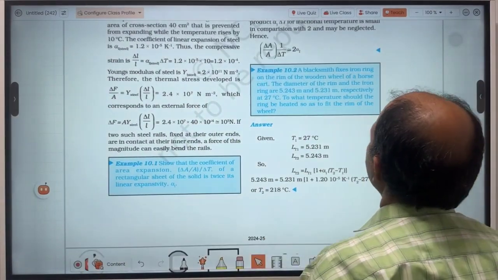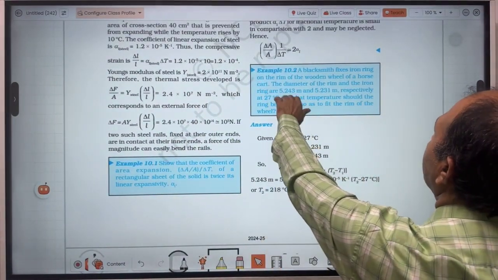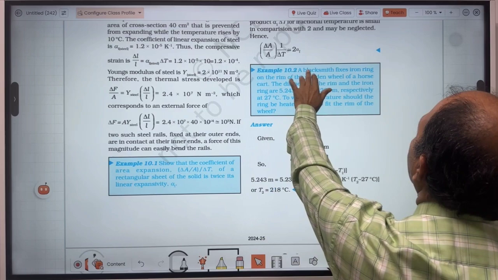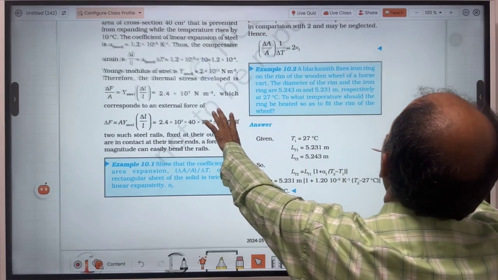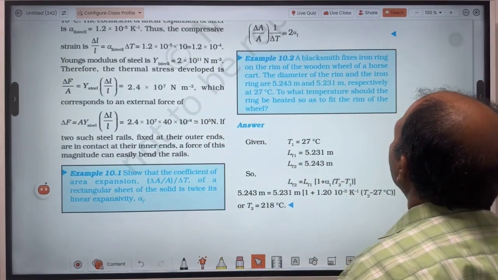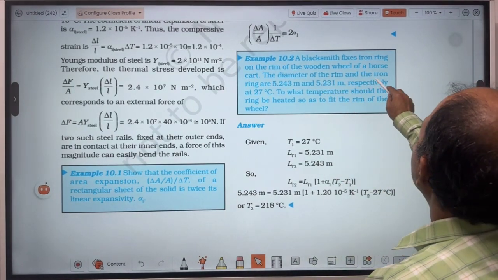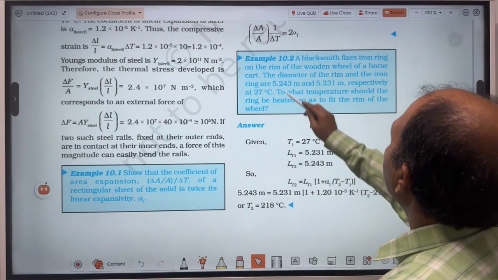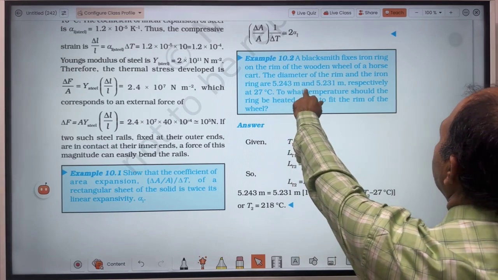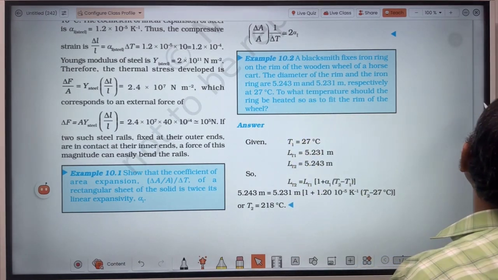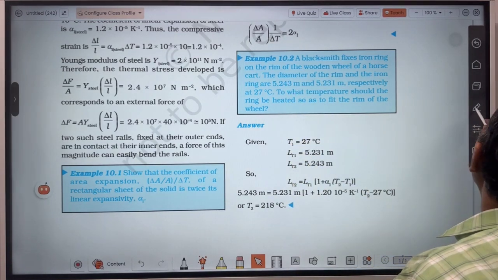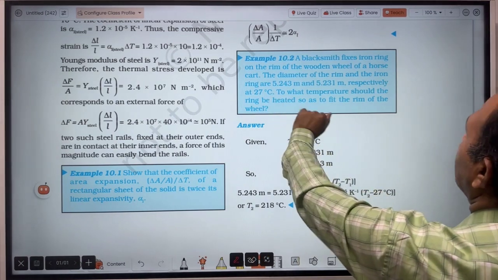Now let's see this question. Example 10.2: a blacksmith fixes an iron ring on the rim of the wooden wheel of a horse cart. The diameters of the rim and the iron ring are 5.243 meter and 5.231 meter at 27 degrees centigrade.